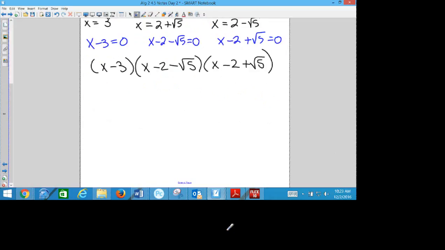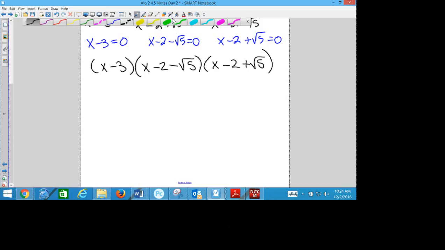All right, so now comes the multiplication, and you're really welcome to multiply whatever 2 you want to start, but let me just tell you, it is easier to multiply these 2 together first, even though it doesn't look like it. So if you have conjugates, the plus and the minus of the 2 radicals, you want to start by multiplying those 2 together first. Do it. Okay.